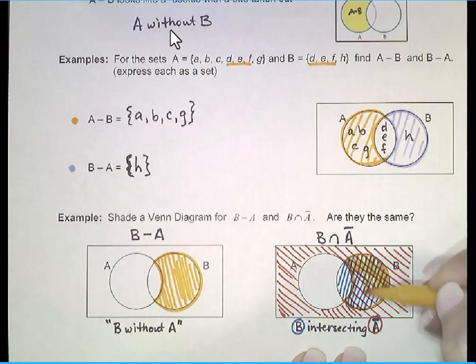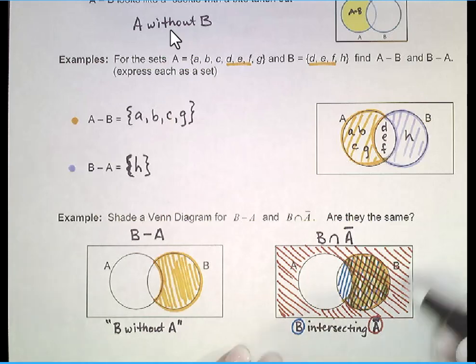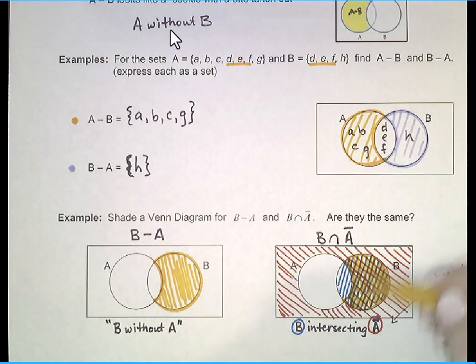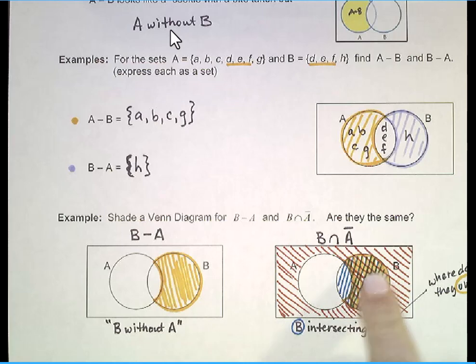So I'm shading the overlap. Where do they overlap? Well, the overlap is what I just put in yellow. So the answer to this picture is the yellow part. Does the yellow part here match the yellow part there? And the answer is yes, it does.